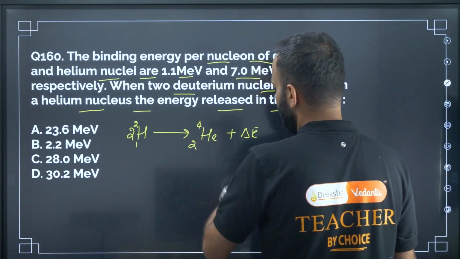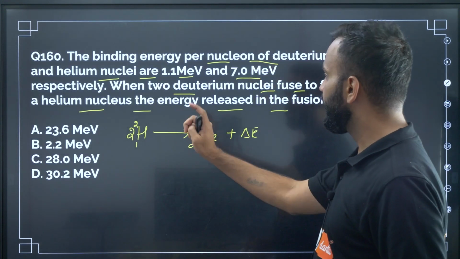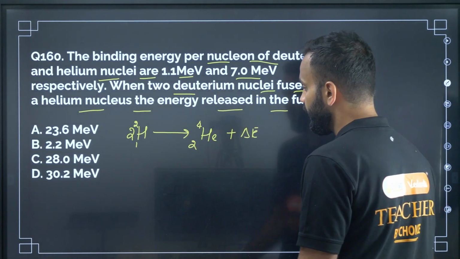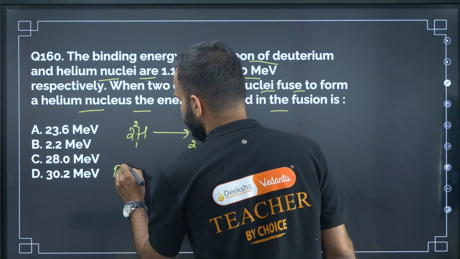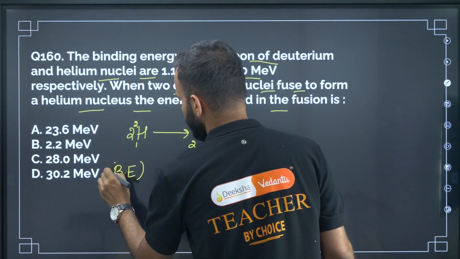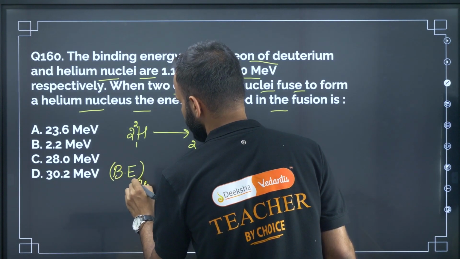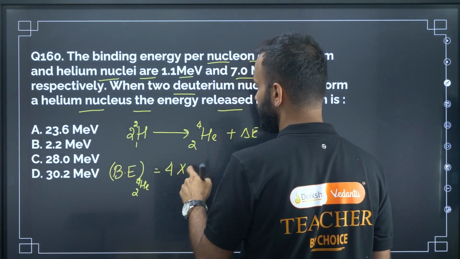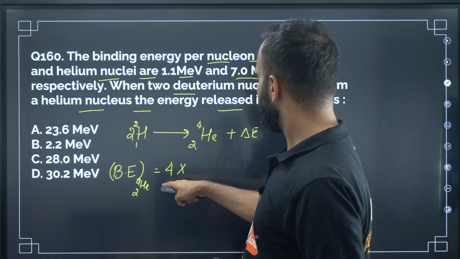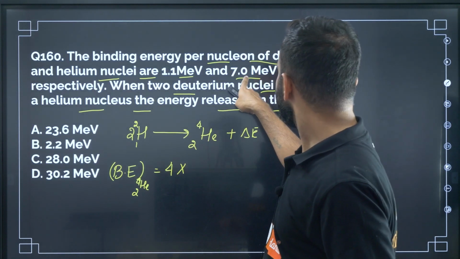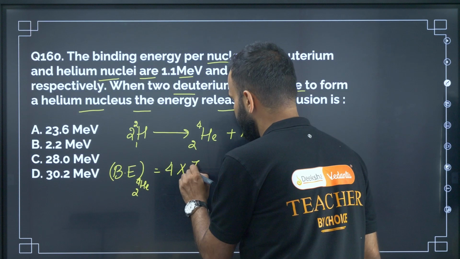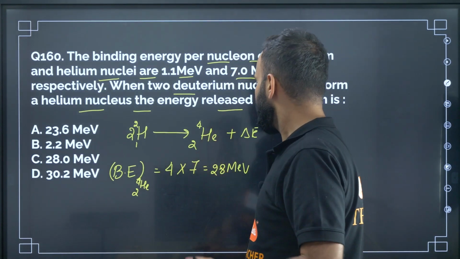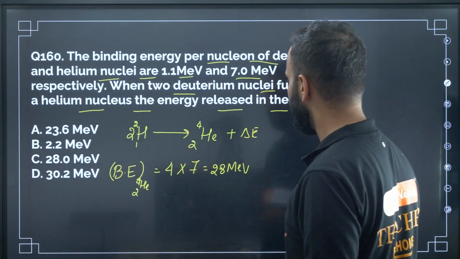So what is the binding energy of the helium? Here the binding energy per nucleon of the helium is given. So the binding energy of the helium is equal to the number of nucleons, 4, into the binding energy per nucleon of the helium, that is 7 mega electron volt. 7 mega electron volt into 4 is 28 mega electron volt.